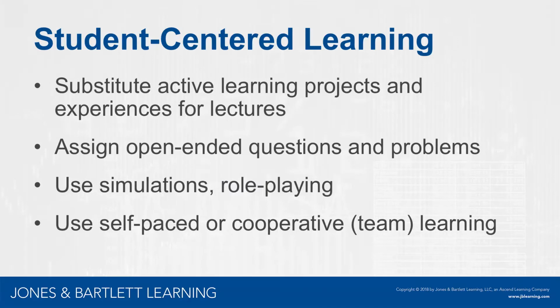In student-centered learning, we substitute active learning projects for lectures. So trying to explain the conceptual background of a particular topic and then stopping every few minutes and letting the students do something, throwing out open-ended questions and problems. And you might think, well, biostatistics, is there really a lot of room for discussion?